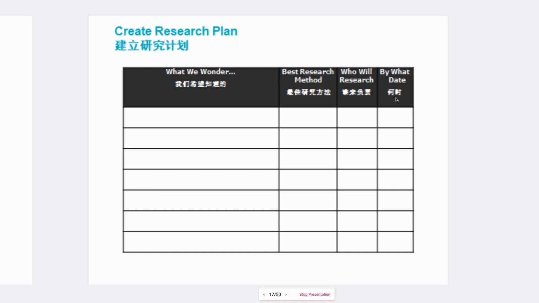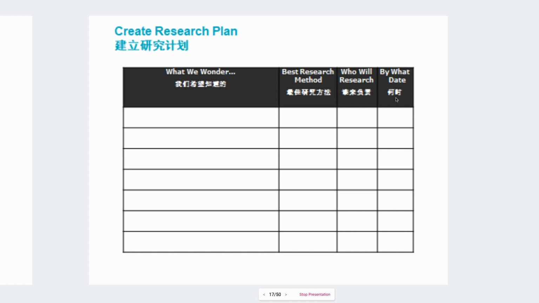Is it observation? Is it Google? We need to write down the best research method here. And then who will research? Who is responsible for the research? And by what date does it need to finish? What is the deadline? So this is our research plan from our Know-Wonder list.